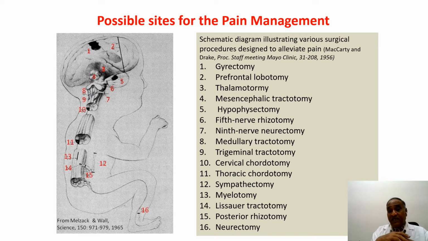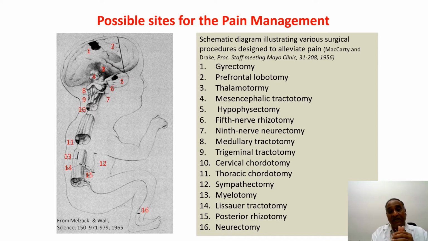Lissauer's tractotomy, Lissauer's tract is severed because Lissauer's tract gives inputs to the pain fibers, especially through the substantia gelatinosa cells and other things. They are severed in lamina 1 and 2.